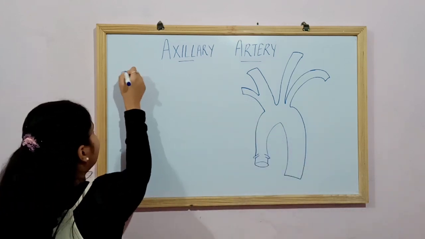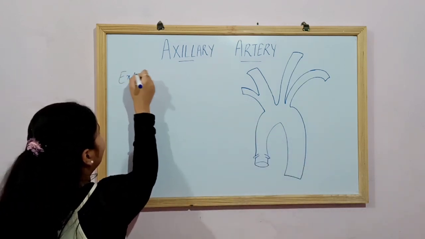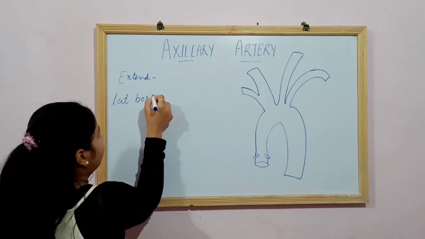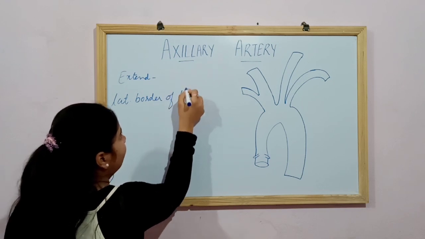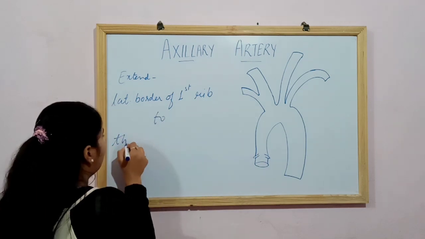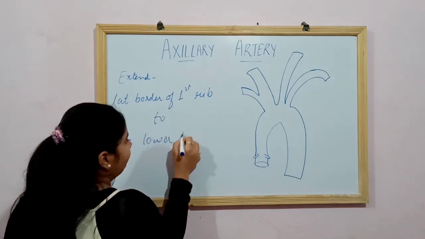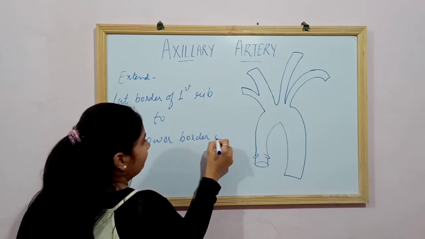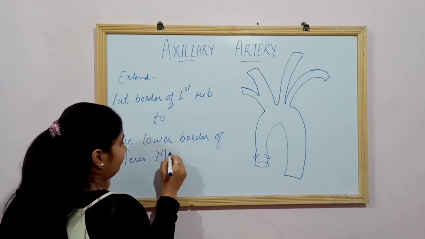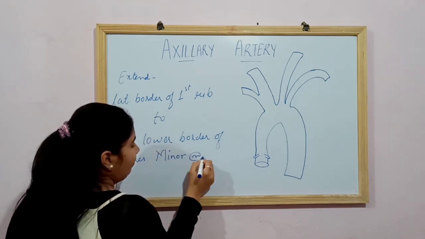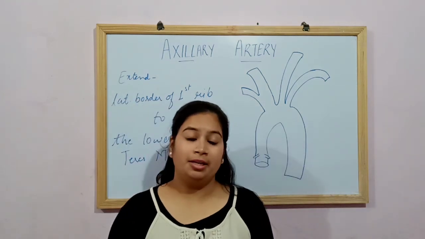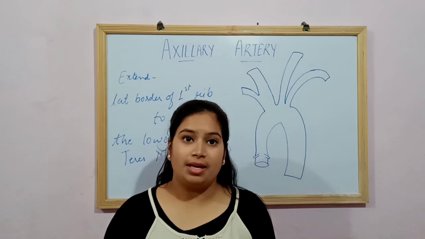Its extent is from the lateral border of the first rib to the lower border of the teres minor muscle. As it moves downward from the teres minor muscle, it continues as the brachial artery.